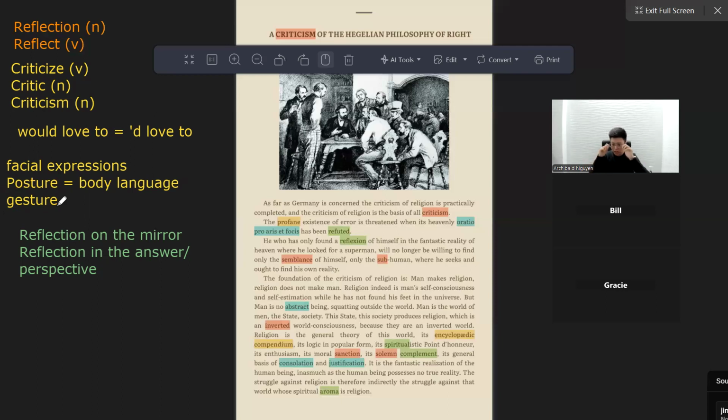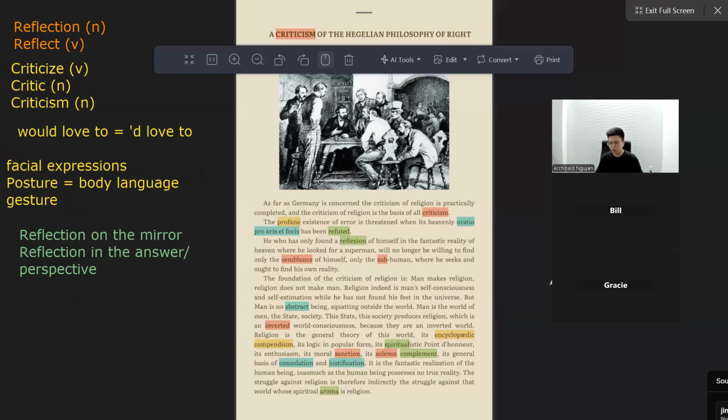Khi mình nói, người ta cảm nhận được mình thì gọi là cử chỉ. Chuyển động của cơ thể người ta dùng posture, còn cảm xúc mà ngôn ngữ cơ thể mang lại được gọi là gesture. Còn sự diễn đạt cảm xúc trên gương mặt thì gọi là facial expressions, right?